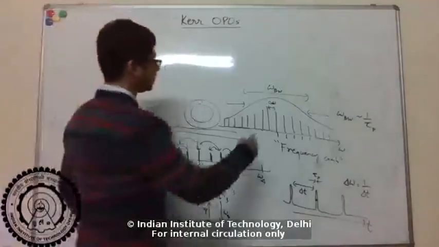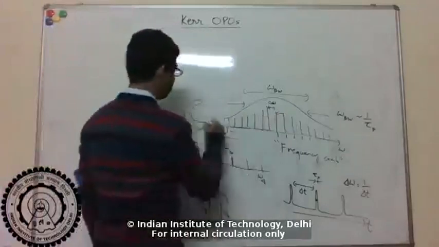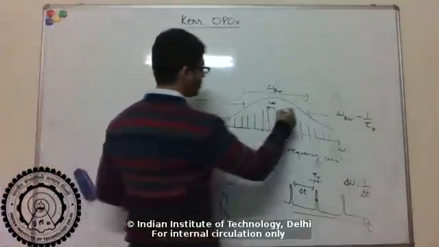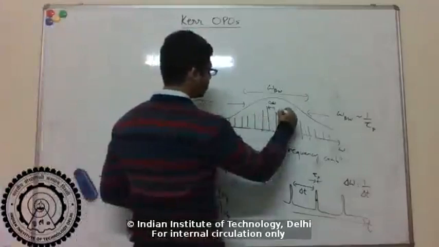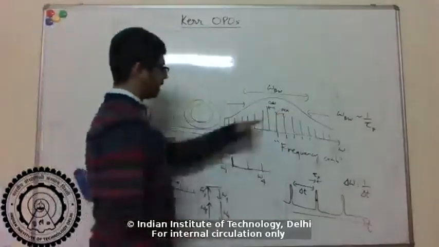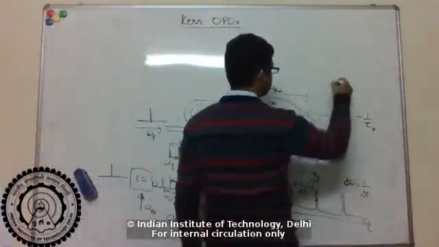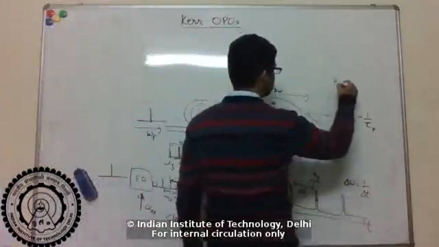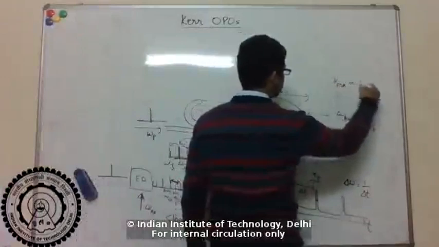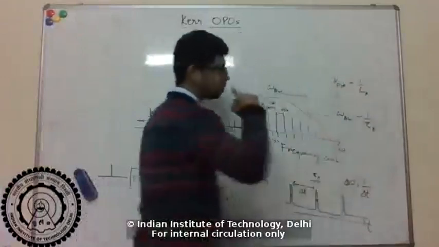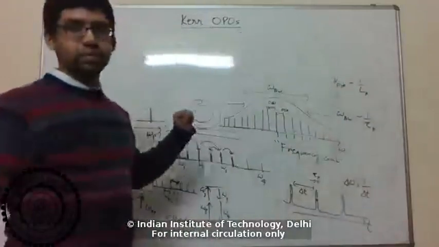But here, what is the spacing? Right? So here the spacing is the cavity resonance spacing, which is the FSR. And FSR we saw was inversely proportional to the length of the cavity.